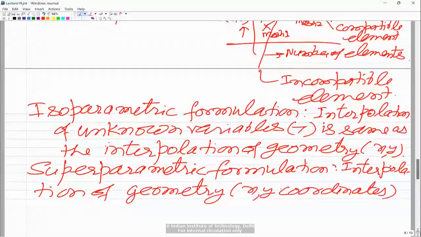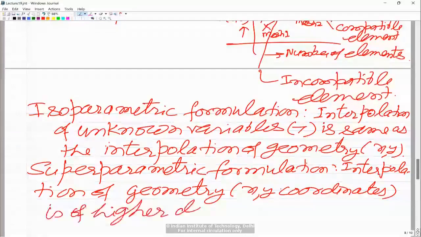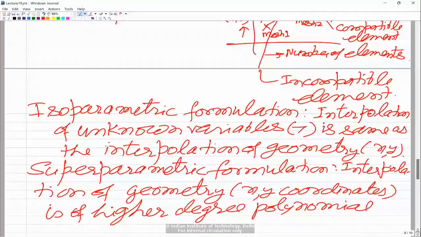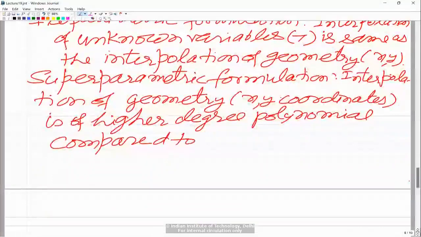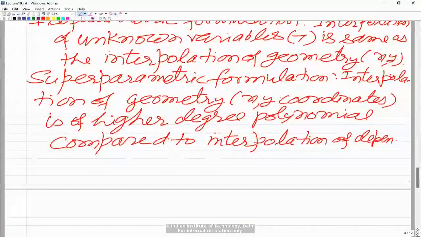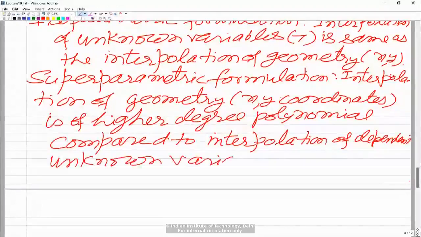So interpolation of geometry, that is xy coordinates, is of higher degree polynomial compared to interpolation of dependent unknown variables.